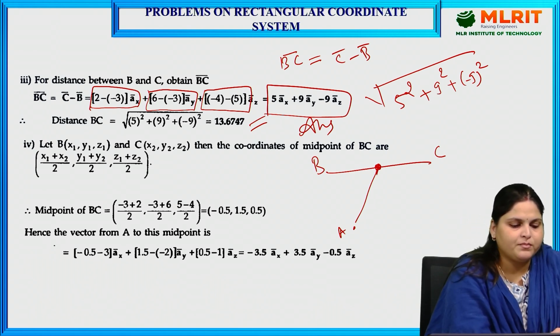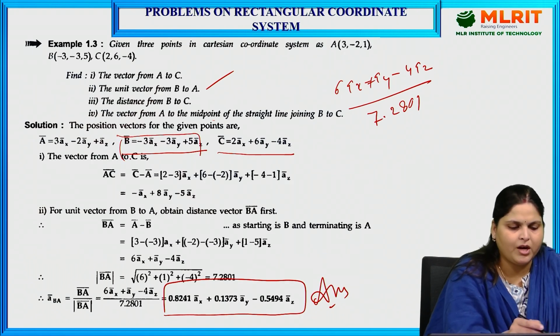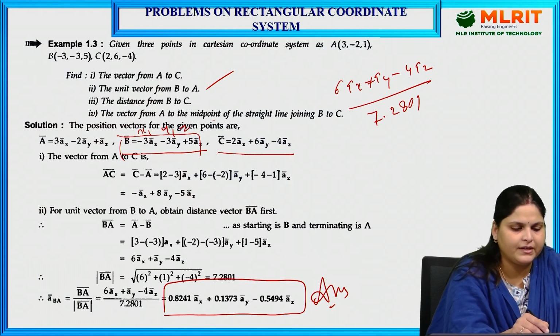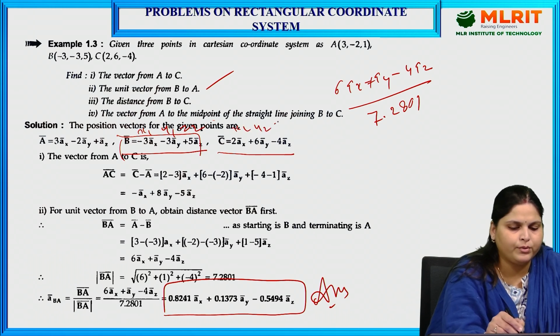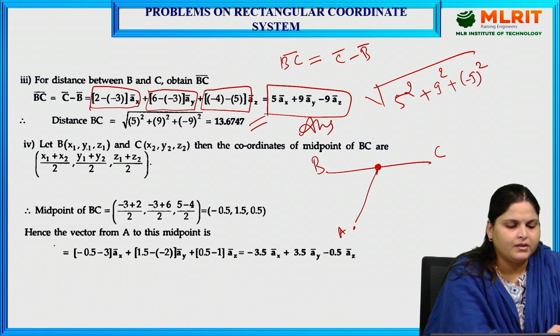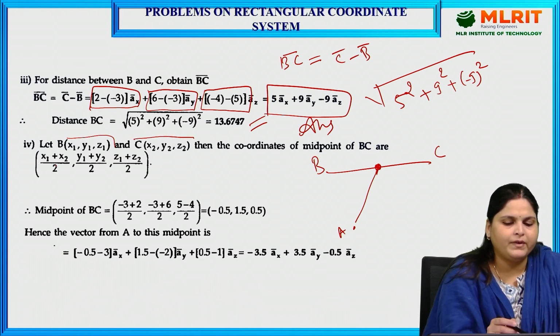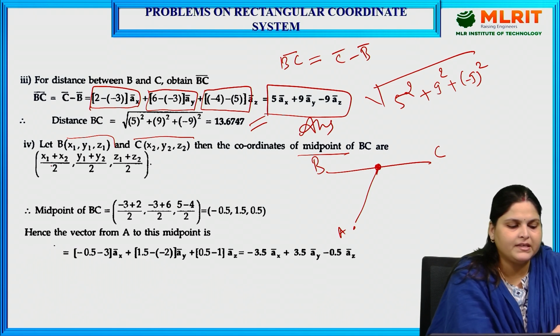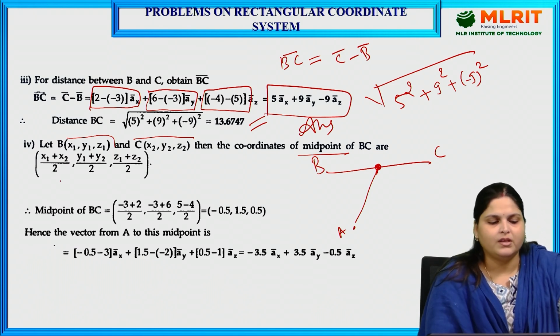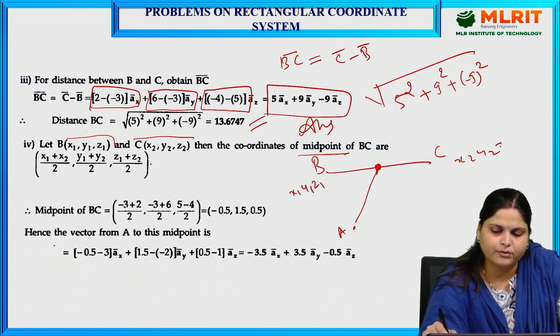Okay, suppose B is this. For now we will take it as x1, y1, z1, and this is x2, y2 and z2, right? So we will write this equation in this manner, and to find out midpoint, this can be written as x1 plus x2 by 2, comma, means this is x1, this is y1, this is z1, this is x2, this is y2, this is z2.